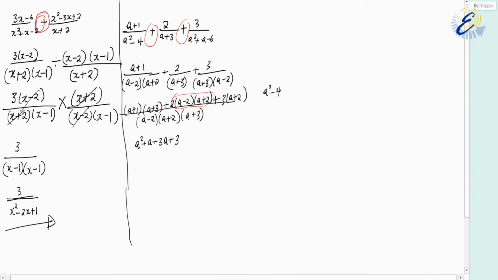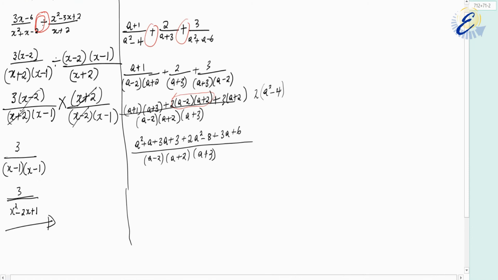Remember, you multiply it by 2. If you multiply by 2, it gives you plus 2a squared minus 8. Then plus 3a plus 6 all over a minus 2, a plus 2 into a plus 3.